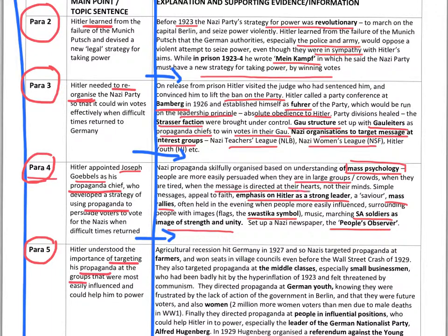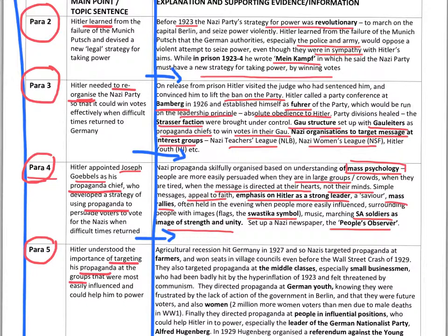Direct the message at their hearts, not their minds. Make them appeal to their faith. And above all, that strong emphasis on Hitler as their leader, as almost like a saviour. No other political party had a strong, charismatic leader like the Nazi Party had with Hitler, and that's something which Goebbels very much played on.